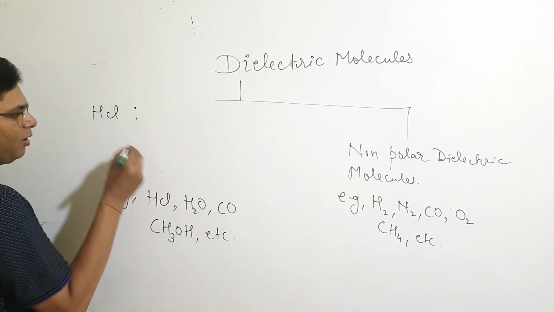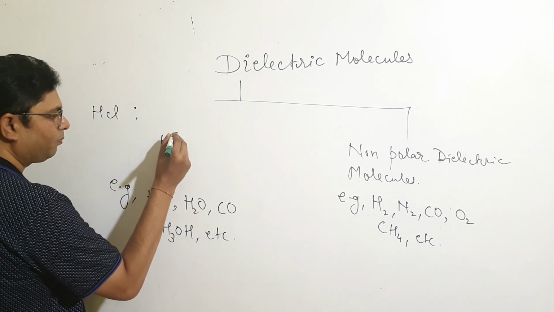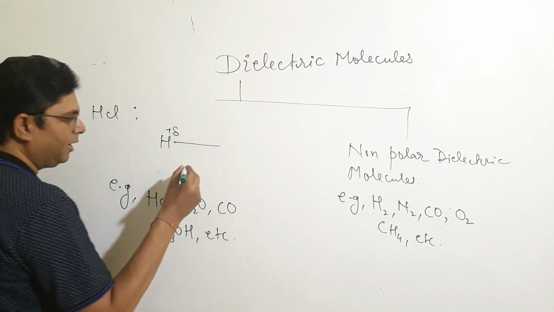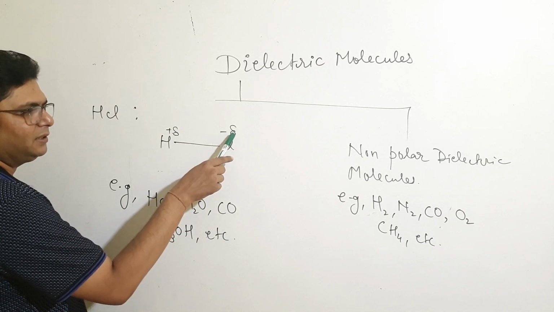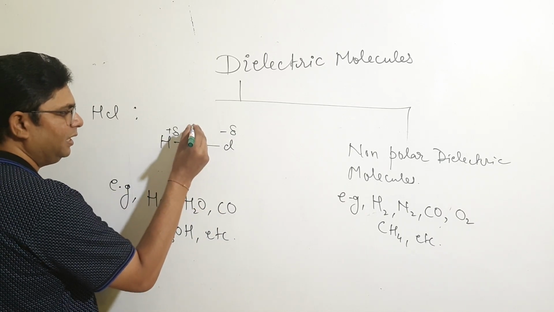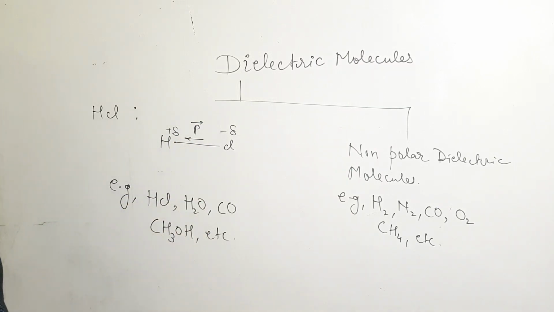For HCl you have H with delta plus here, and you have a bond, and we have Cl with minus delta here. So minus charge is here and plus charge is here. From minus to plus charge there is a dipole moment, so it is said to be intrinsic dipole moment.